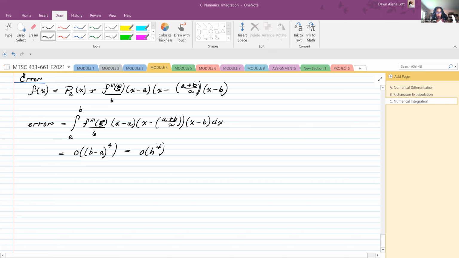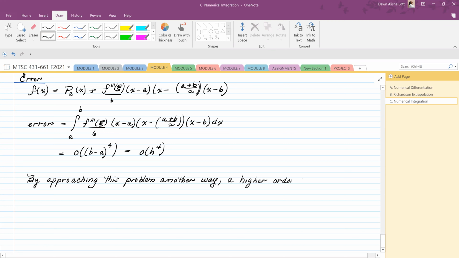Okay. By approaching this problem another way, a higher order term involving the 4th derivative of f at c can be derived.